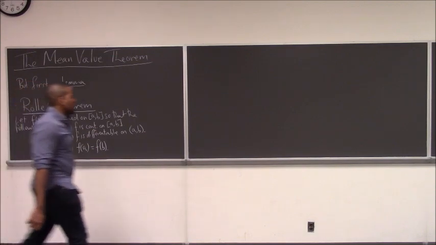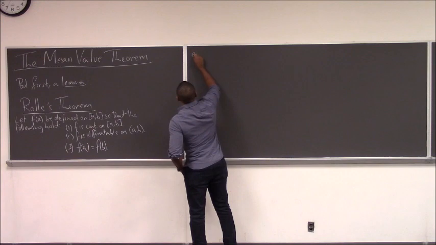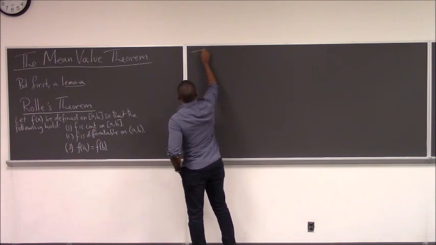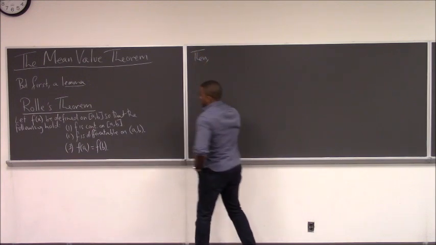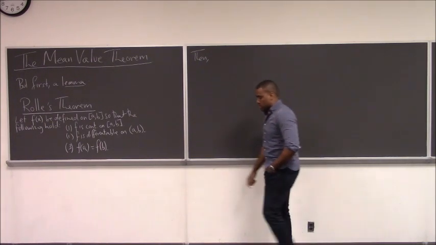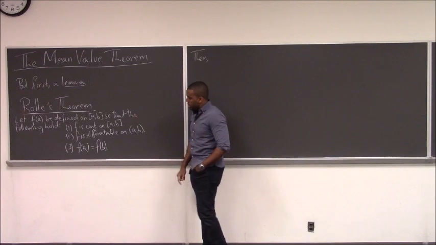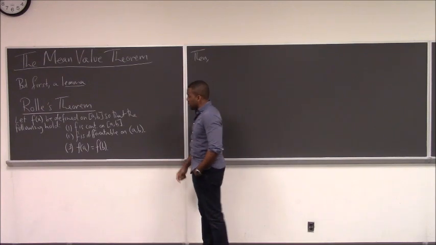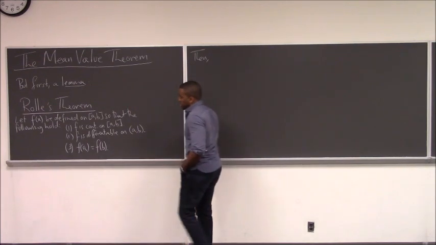Okay? Then, let me just finish the theorem here. So we have a function on a closed interval such that these three conditions are fulfilled. We have continuity on the entire interval. We are differentiable except perhaps at the endpoints. And the y values at the endpoints are the same.